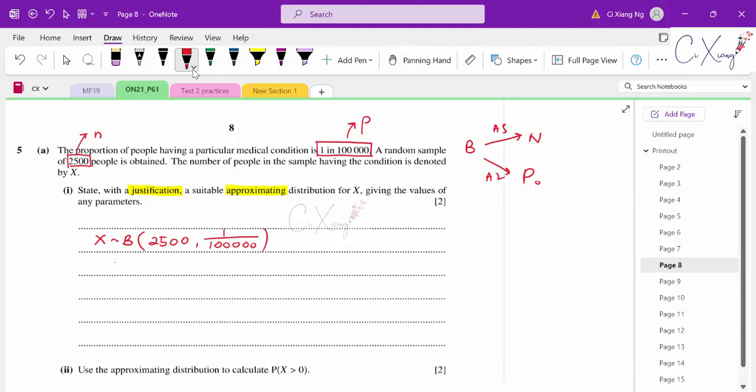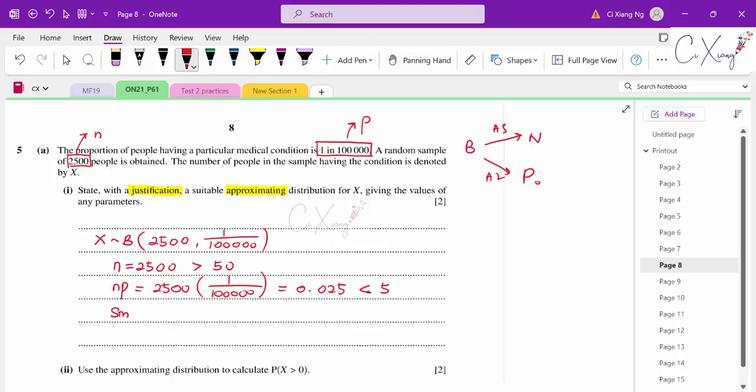Okay, then you can write n is equal to 2,500, which is more than 50 as stated in the condition. And after that, for n times p, if I take n times p, the value that you get for np is 0.025, which is also smaller than 5, as stated in the condition to change a binomial to Poisson.